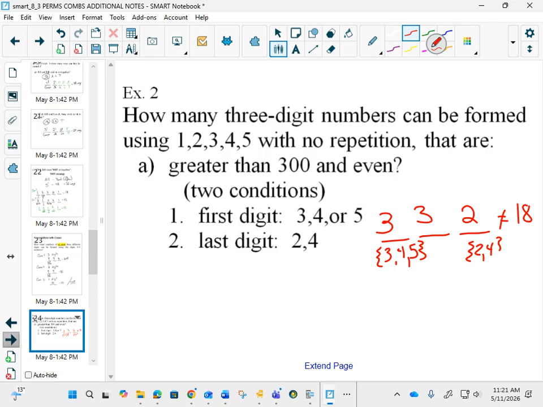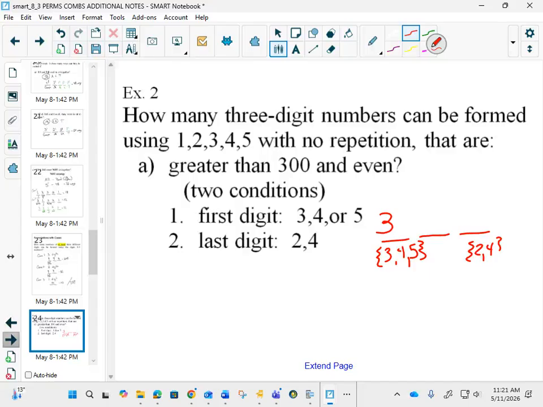Okay. So let's review. Let's just rewind a little bit here. When I deal with this restriction first and I put 3 choices, I could have picked a 3. If I picked a 3, I would still have 2 choices left. But what if I picked the 4?